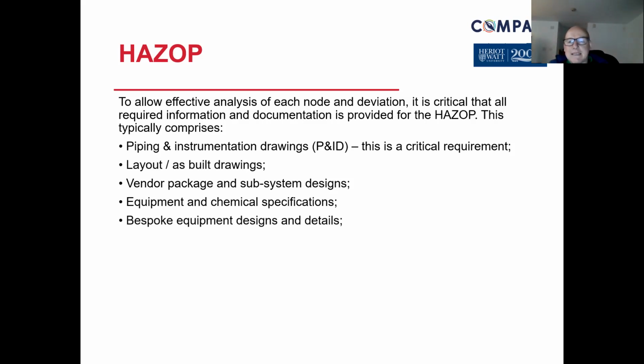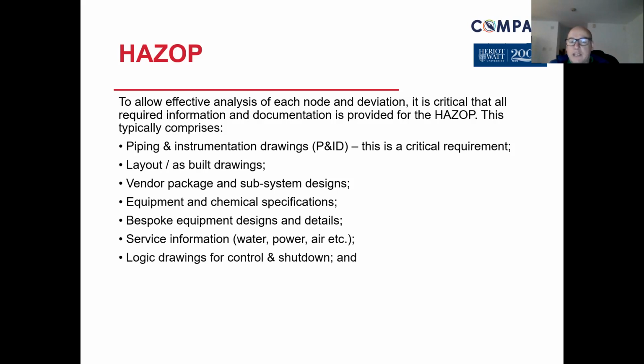Bespoke equipment designs and details, so the person that's using it knows exactly the limitations, the capabilities, what it can do, and replacement aspects around it. Information about it in terms of serviceability, and then logic drawings that show from A to B, from B to C, from C to D, step by step on what needs to be done during a controlled movement and during shutdown, and the variations on it. So there's no misinterpretation of how that information can be used.